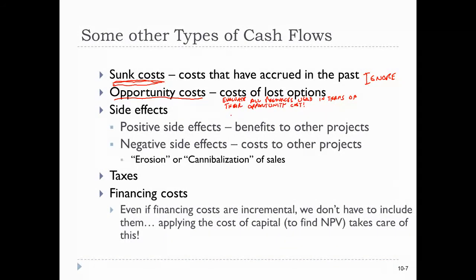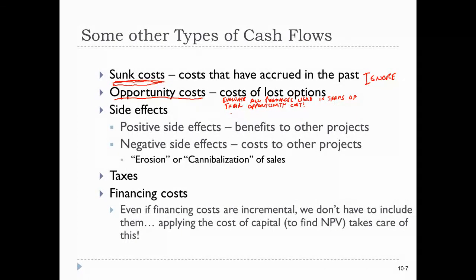What I mean by that is this. Anytime you use a resource, say it's a piece of land that you're thinking about building a factory on, well, we can use the land to build the factory, but by doing that, we give up the opportunity to sell that land for cash to somebody else.